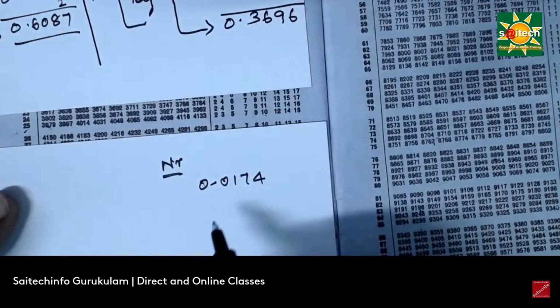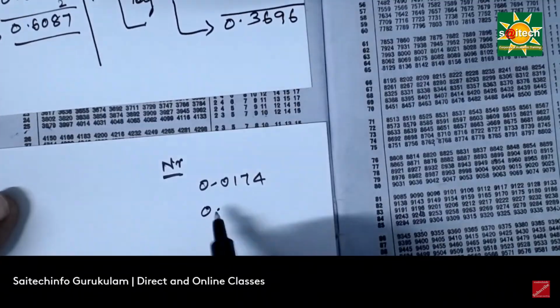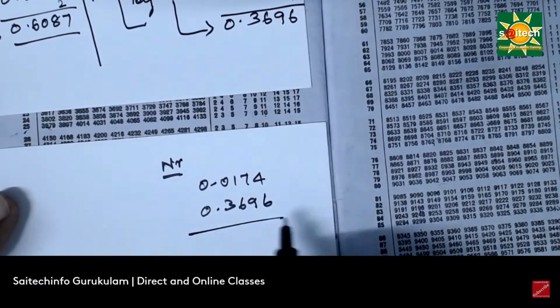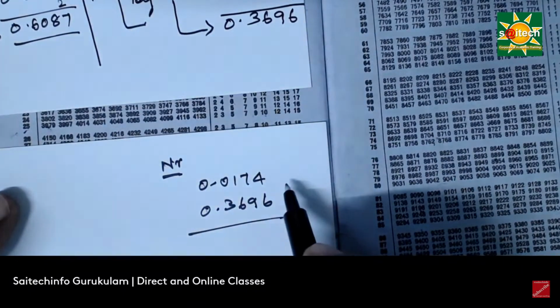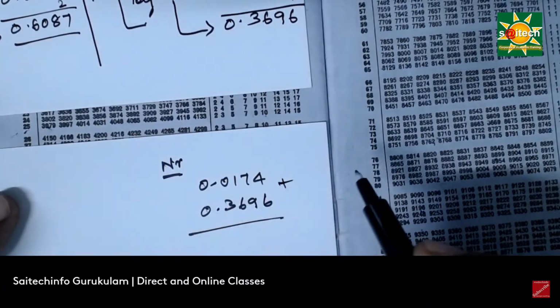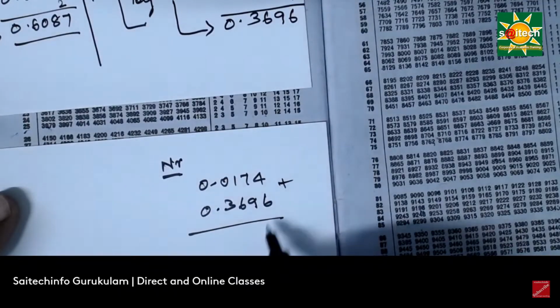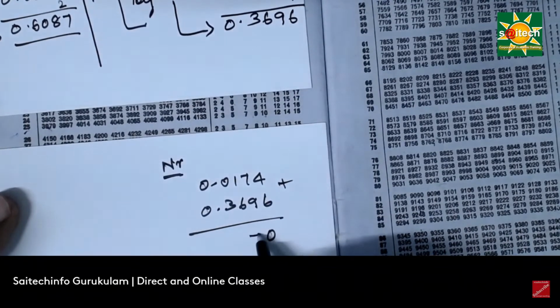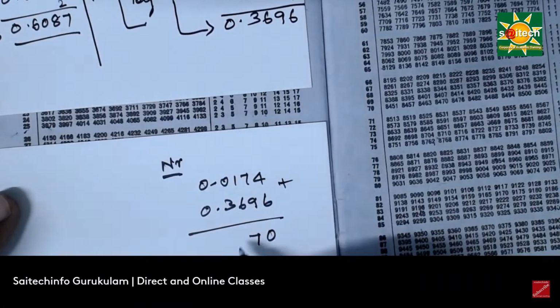Another value is log 2.342, so 0.3696. Now this is multiplication, so we can apply the logarithmic product rule and add. So 6 plus 4 is 10, balance 1, and then 10, 17 balance 1, 7, 1, 8, and then 3.